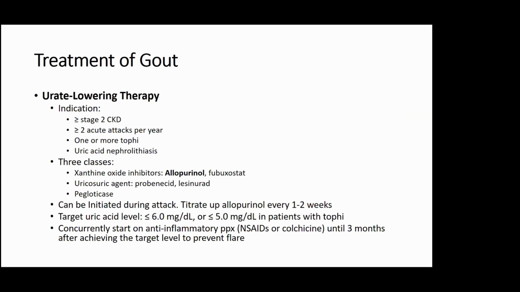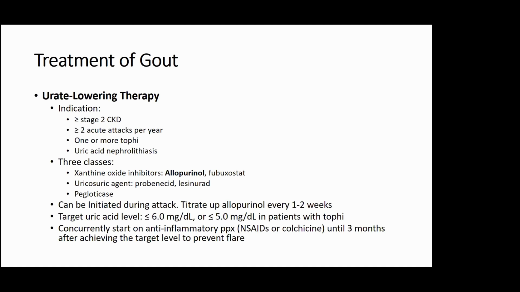And then here's the urate lowering therapy. Both the American and European guidelines recommend urate lowering therapy for patients with gout plus any of the following indications. If this patient has stage 2 CKD or more advanced, if this patient has more than 1 episode of attack every year, or if this patient has any sign of tophi, or if this patient has uric acid nephrolithiasis, then this patient will need urate lowering therapy.